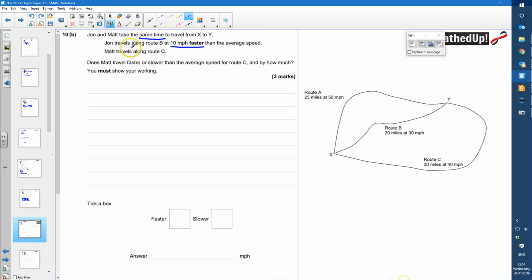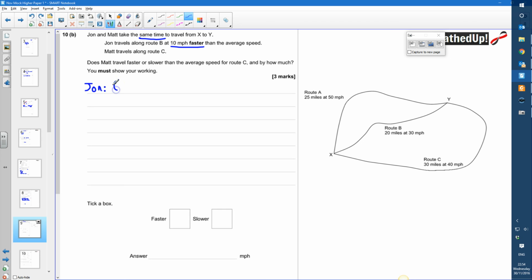So first of all, we know that John travels along route B at 10 miles per hour faster. So for John, he must go 20 miles at 40 miles per hour.